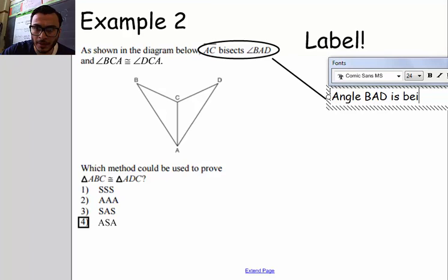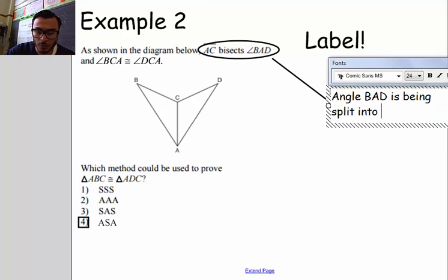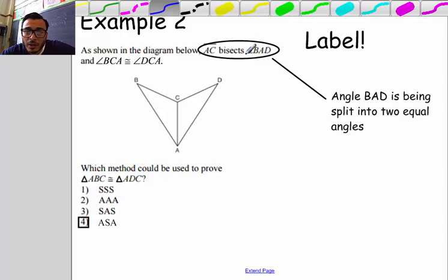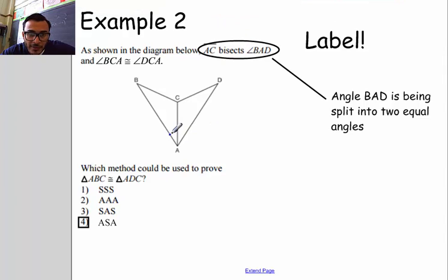is being split into 2 equal angles. So angle BAD is right over here, it's angle A, and from this information we can conclude that this angle here is equal to this angle here because of the bisector.